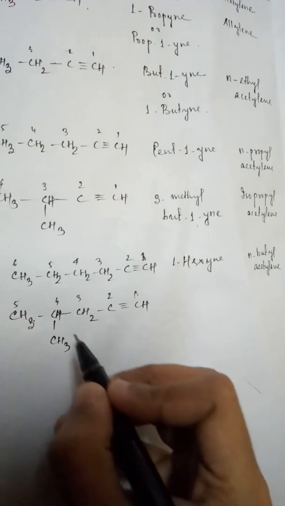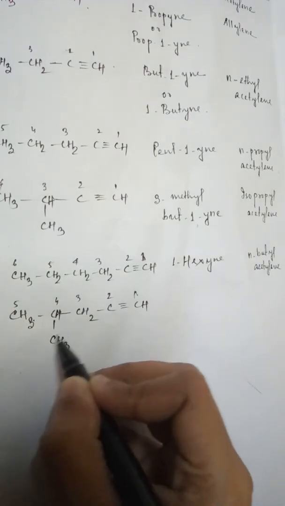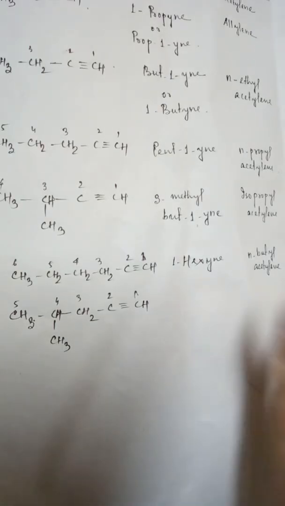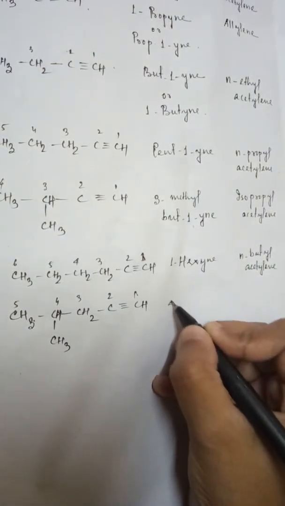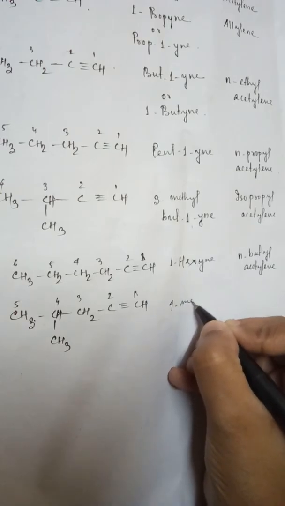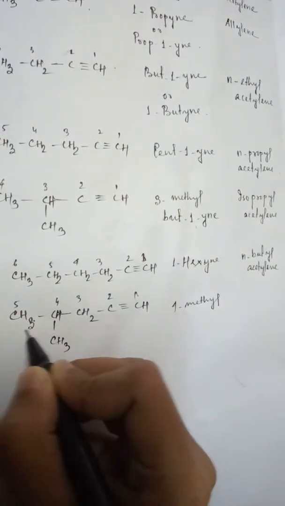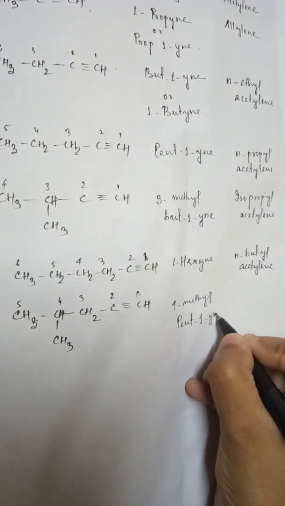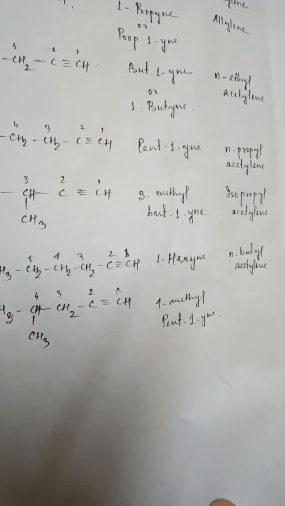In the main chain there are 5 carbon atoms, and here one branch carbon, that is a methyl group, is present, attached to the fourth carbon atom of the main chain. So first write the branch portion, that is 4-methyl. The total number of carbons is 5 in the main chain, so root name pent, 1-yne.